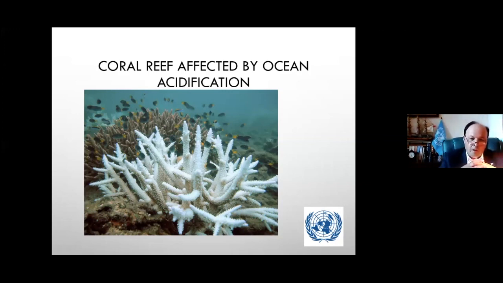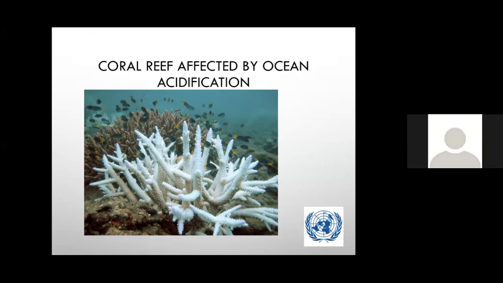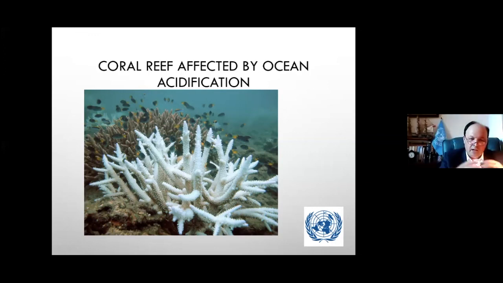When in warmer waters, the coral reefs cannot retain those microalgae as part of their bodies, and therefore they're affected by ocean acidification, and effectively they die. So it's more complex, but I don't have time to explain everything.